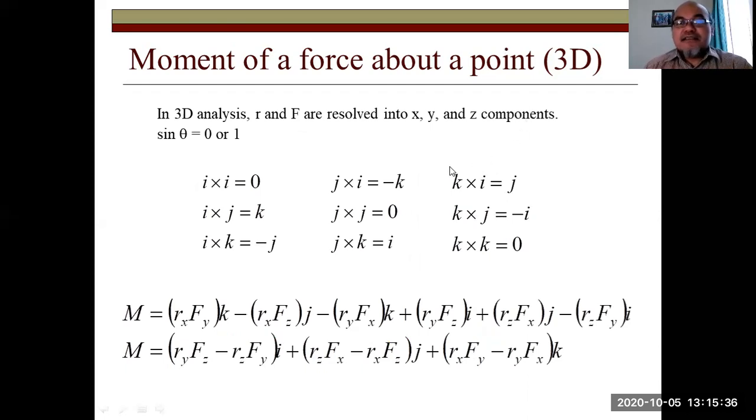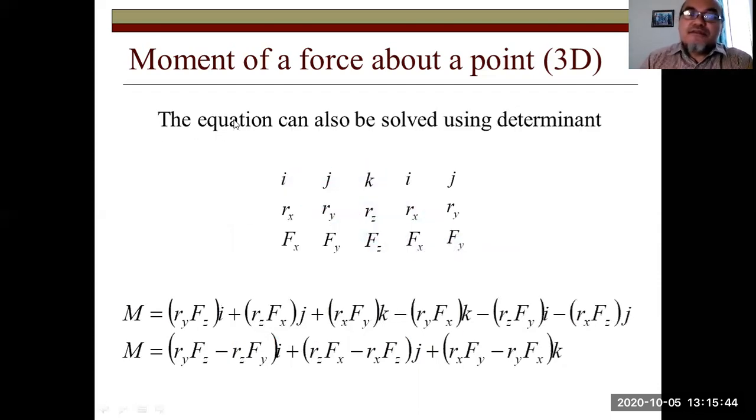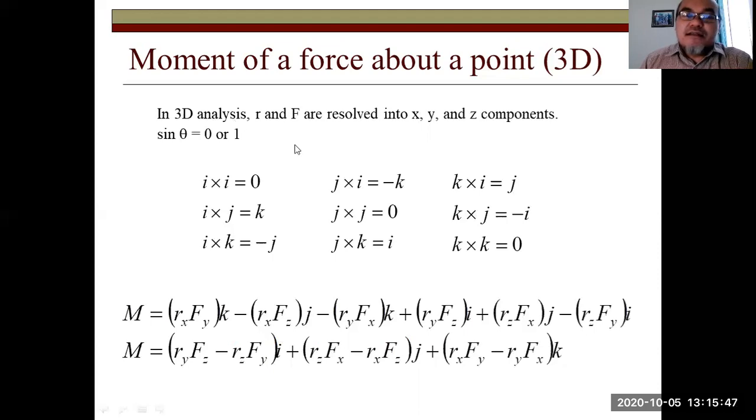Then in 3D analysis, the R and F are resolved into x, y and z components. So sin theta could be equal to 0 or 1, okay? Because the angle between the unit vectors can be 0 degrees, that is when the unit vector is cross multiplied with the same unit vector: i cross i, j cross j, k cross k.